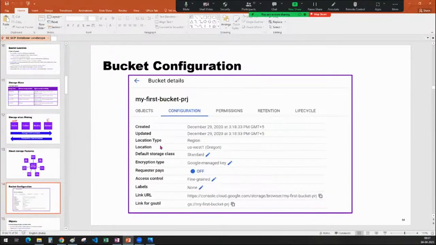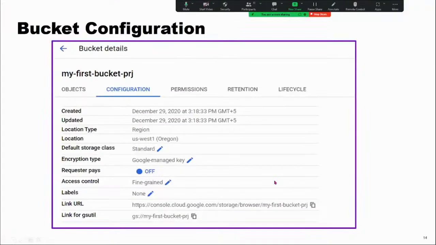So bucket configuration. See, when you look at the bucket configuration here, the location, you see, we have selected US West 1 and it is not editable. Okay, so when you create a bucket and once you have selected a location for that bucket, you cannot later edit it.